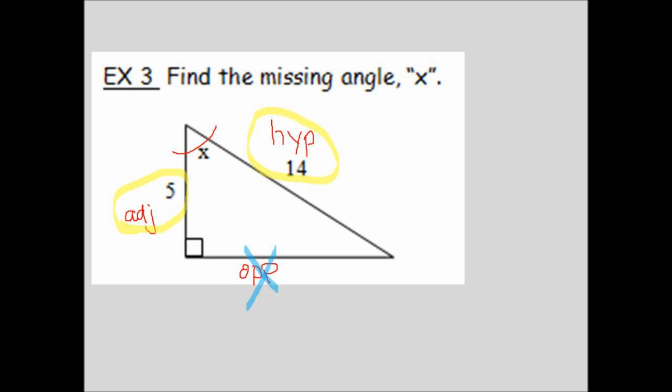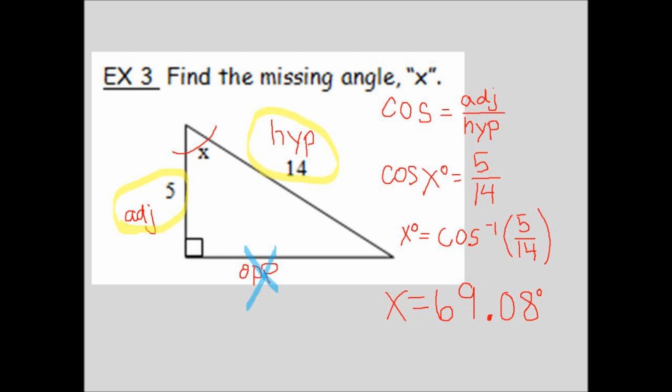The trig function that uses adjacent and hypotenuse is cosine. So the cosine of x degrees is equal to the fraction 5 over 14. We're going to take the inverse of the cosine to get x by itself. So we have x degrees is equal to cosine to the negative 1 power of 5 over 14.